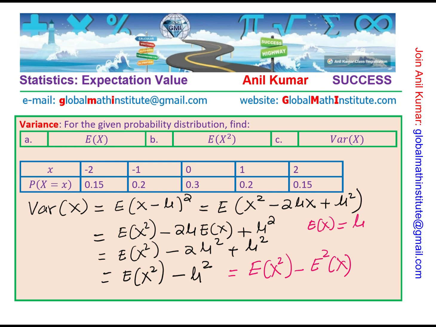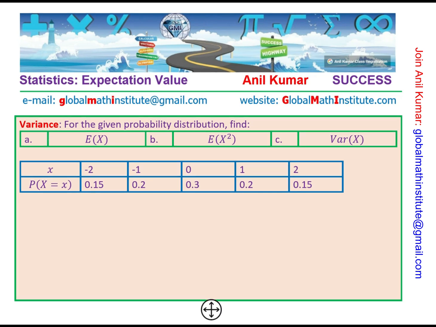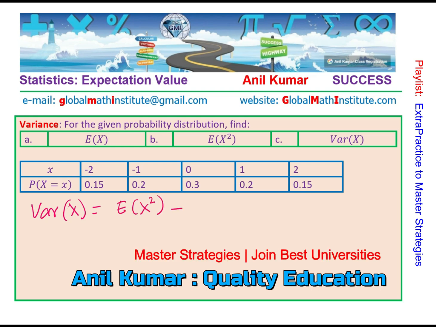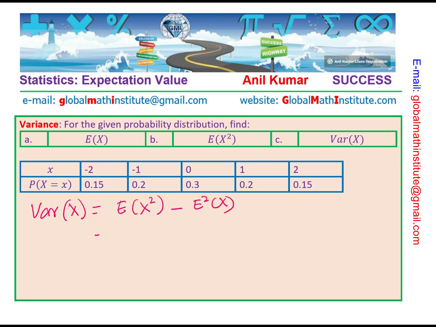And knowing both the values, we can now answer the question. So once we know the concept, we can say that the variance is actually equal to E of x squared minus E square x. So we just found that E of x squared was 1.6. This was 0.3. So we'll do 0.3 square, right?